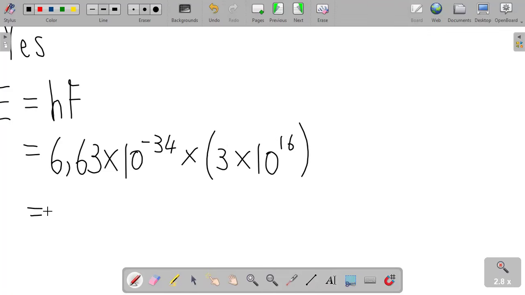You use a calculator here. It gives me 1.99 multiplied by 10 to the negative 17 joules.